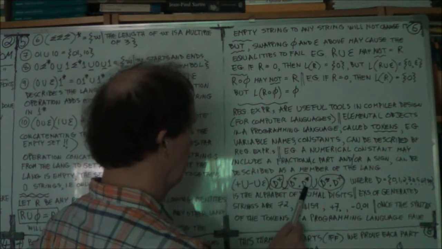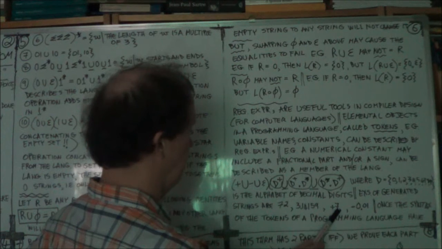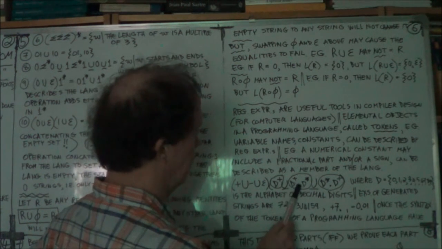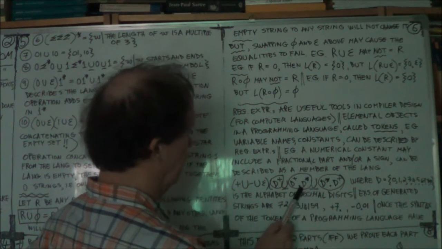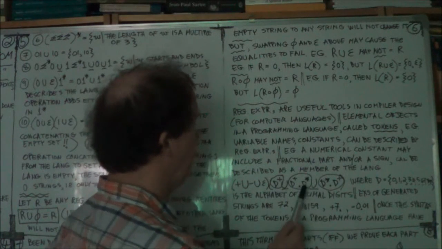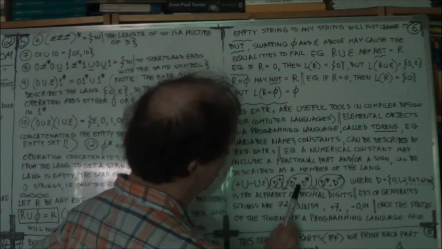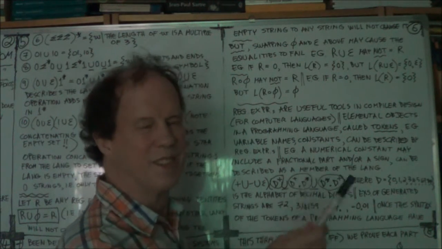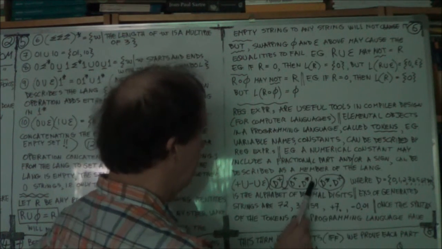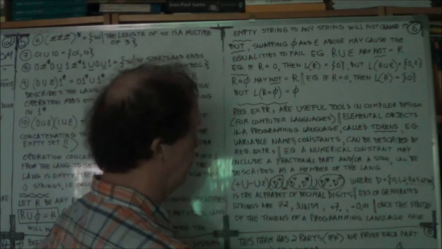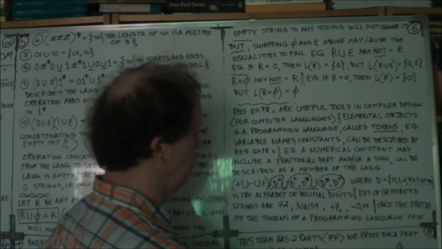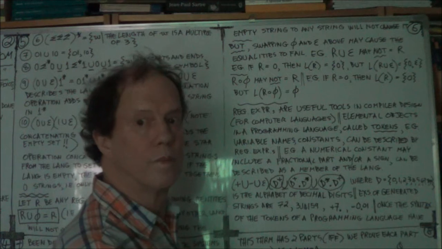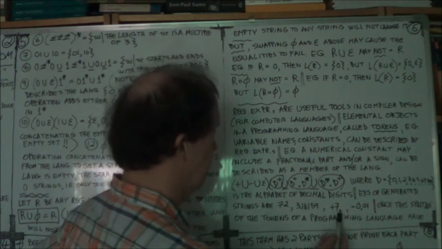One digit here would correspond to that decimal point, concatenated. Implicitly there are little circles here and here, but it gets tedious, so you tend to drop them. And this could include the empty string, which is here.